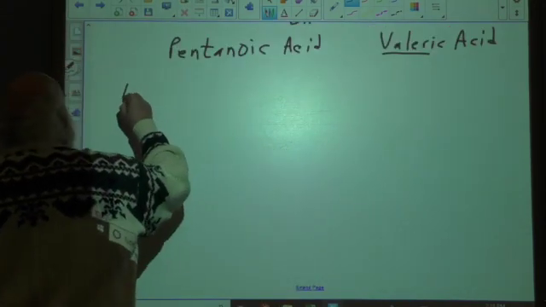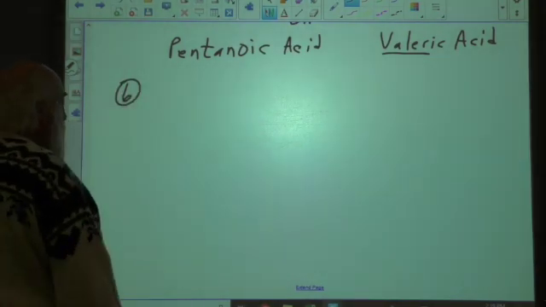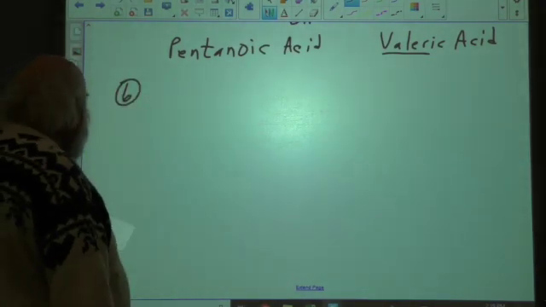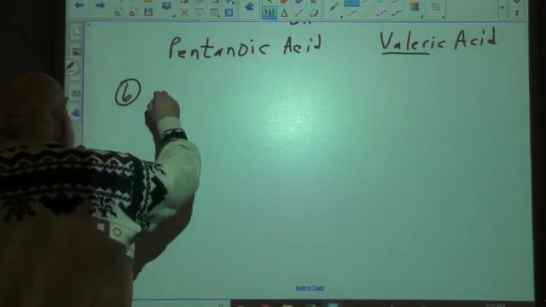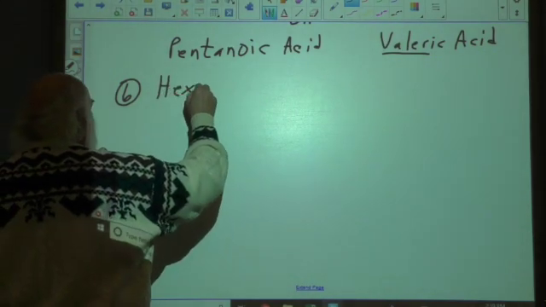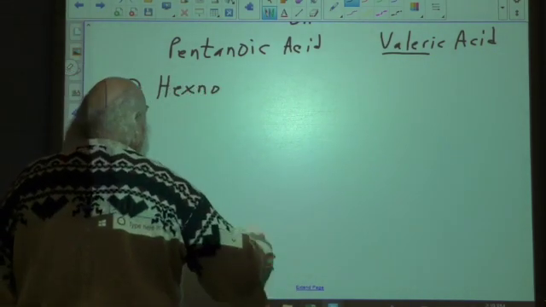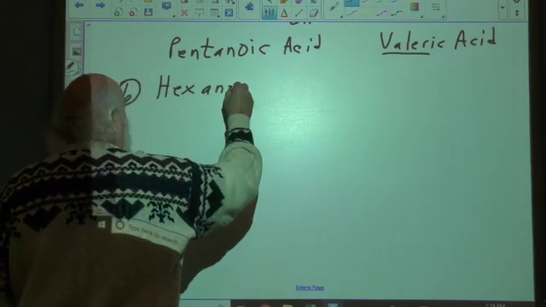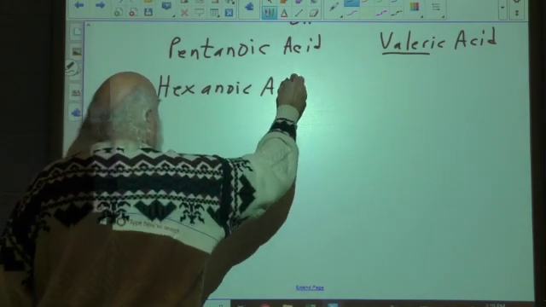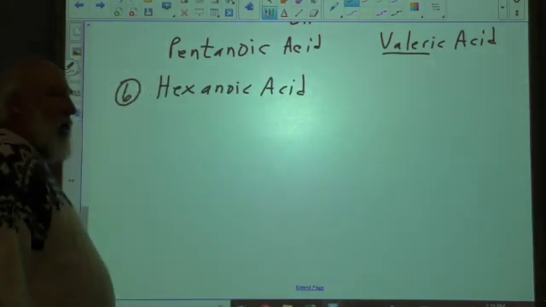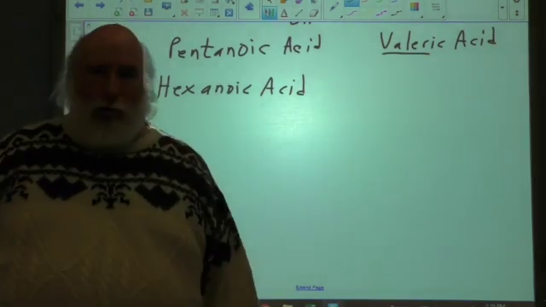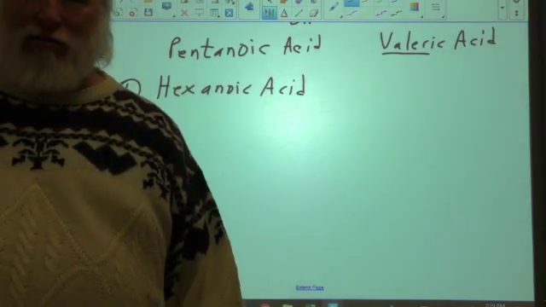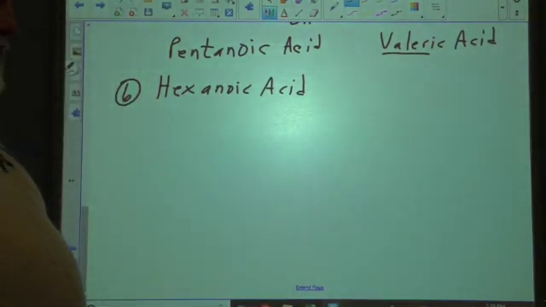Number 6 is hexanoic acid. You know what it looks like. I don't have to keep pounding away at the drawing of it. So hexanoic acid. There's 6 carbons in a row. And I don't know how many of you have had goat cheese or goat milk, but it has a really distinctive bite to it.